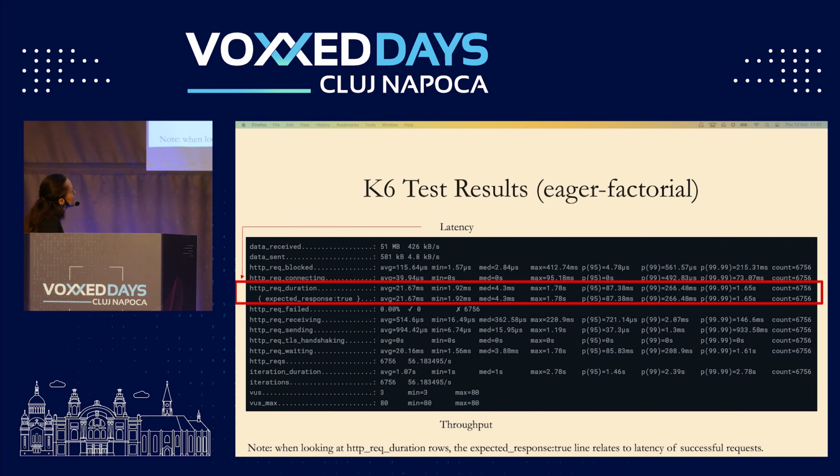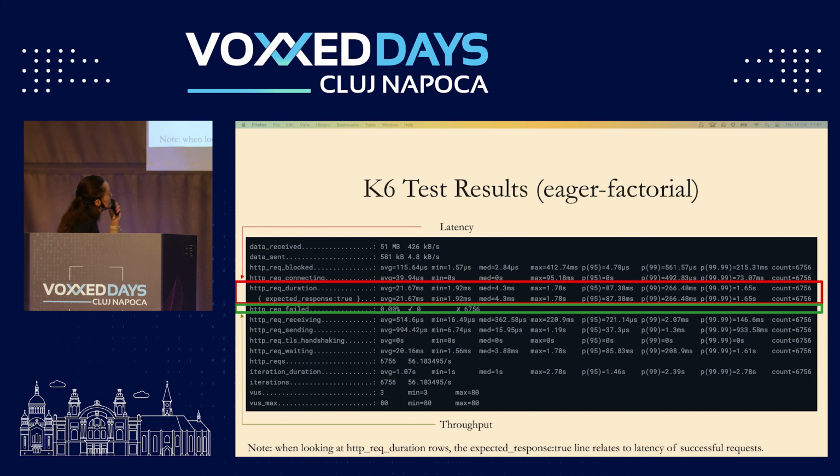So in this case, the first results, in case of my application that is CPU bound, I got a slight increase in my throughput, and of course, I got some values for the average duration on this one.